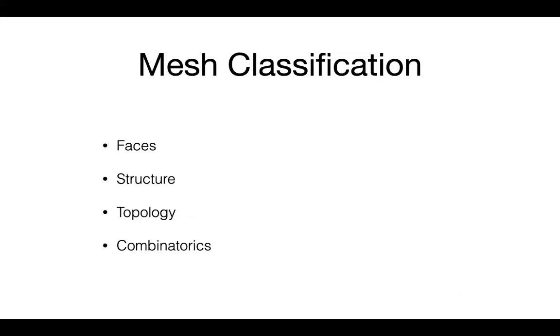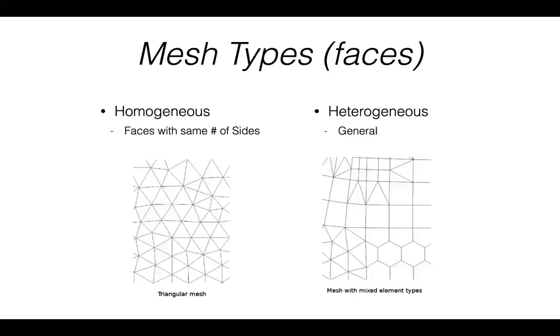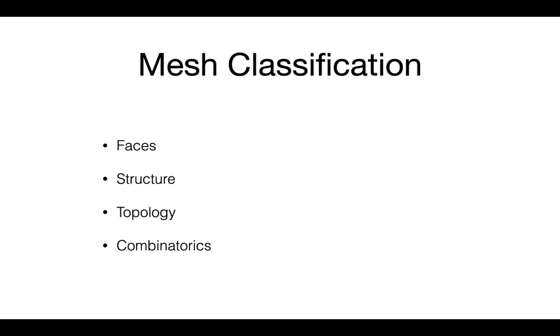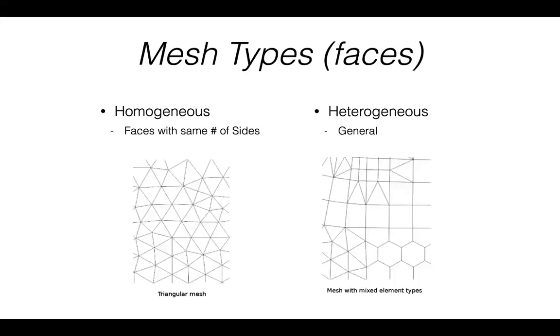And we can classify a mesh according to the elements, the faces, to the structure of these elements, the topology of the mesh, as I mentioned before, and the combinatorics. Going to each of these criteria for the classification, we start with the faces, the mesh types.